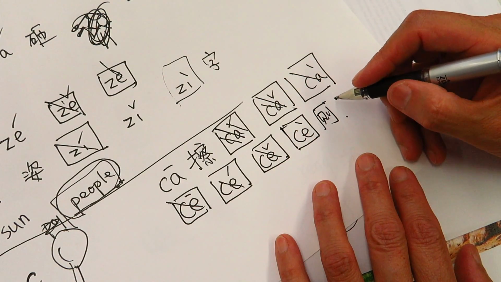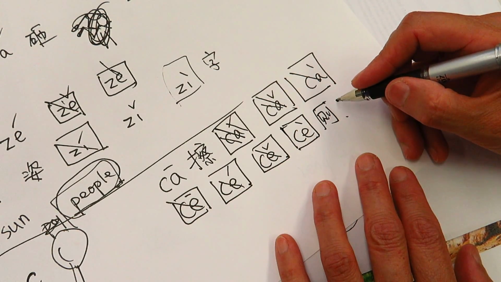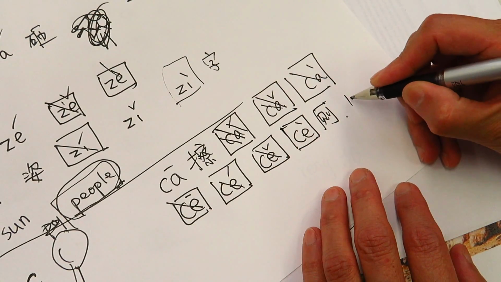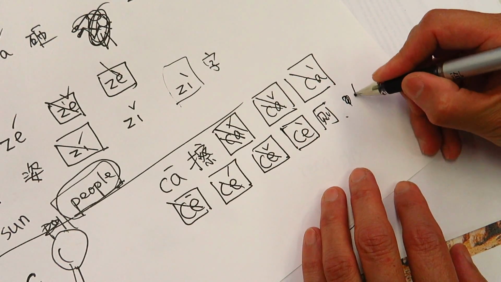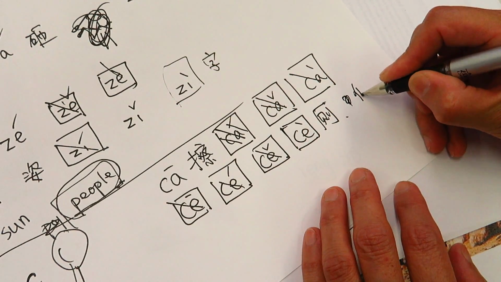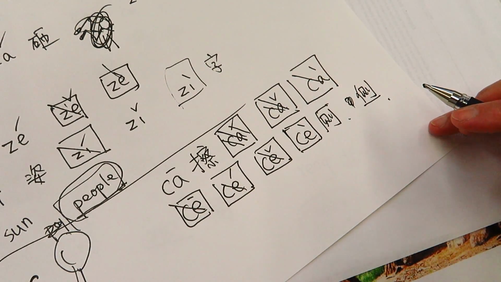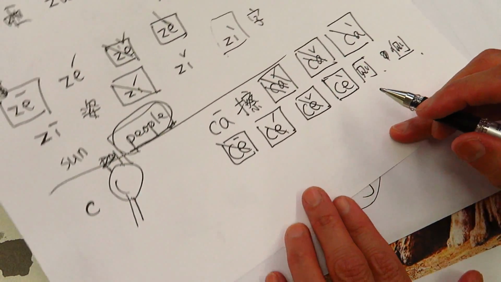On 我的左侧右侧. How do I write? 提笔忘字. I forgot. 右侧左侧. 侧. Yes. 左侧右侧. On my left side, on my right side is on the side.